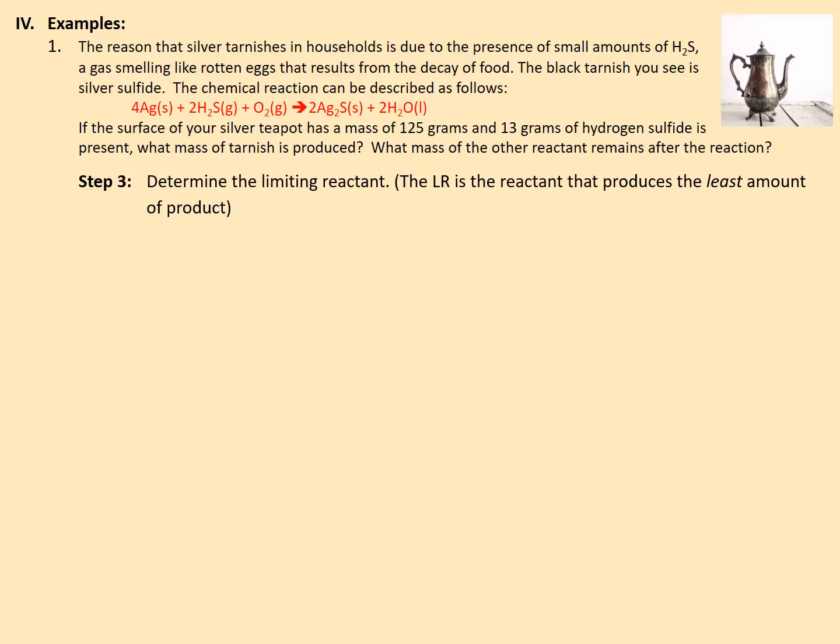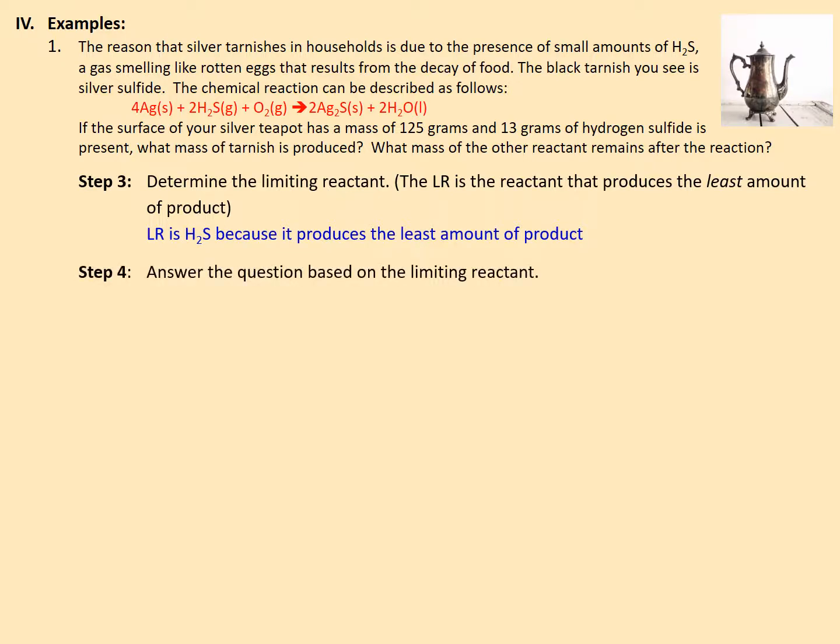Starting with 13 grams of hydrogen sulfide, we could produce only 0.38 moles of silver sulfide. So since 0.38 is less than 0.579, our hydrogen sulfide is the limiting reactant. Why? Because it produces the least amount of product. So our limiting reactant is hydrogen sulfide. We can then infer that our reactant in excess, the reactant that will be left over after the reaction is complete, will be the silver.